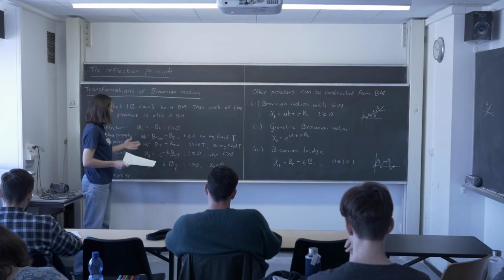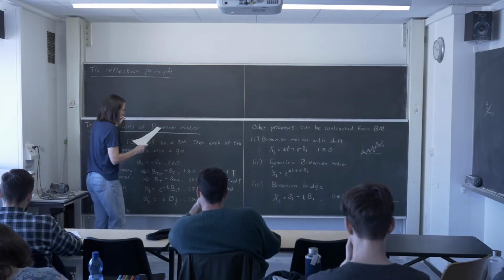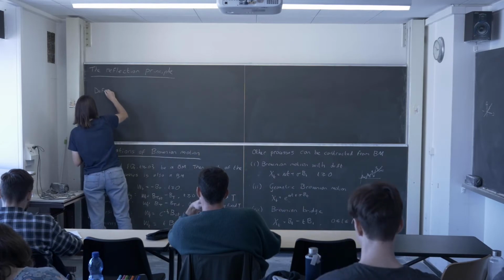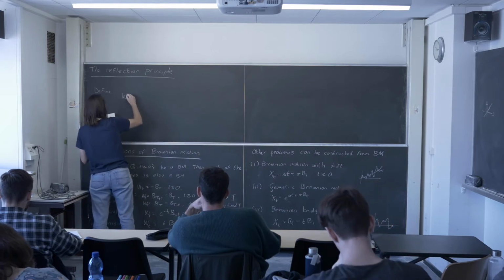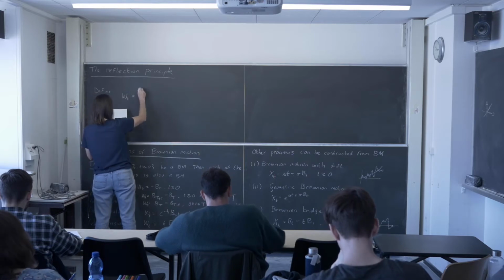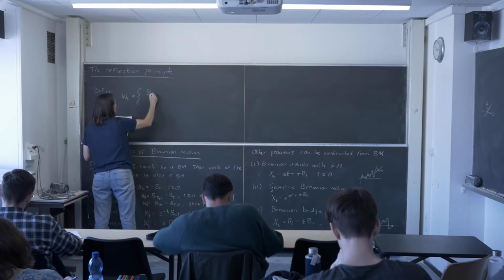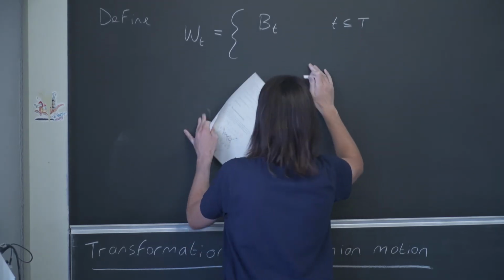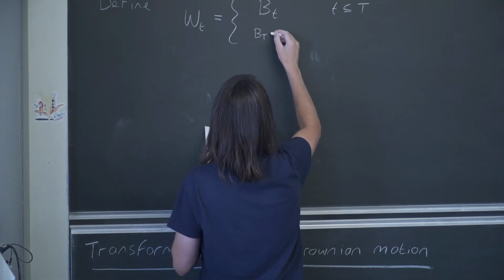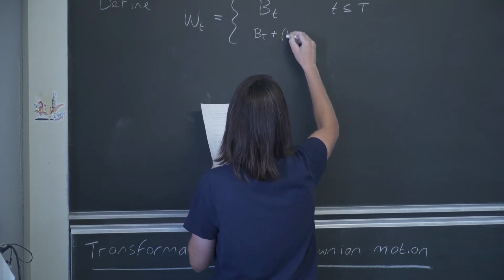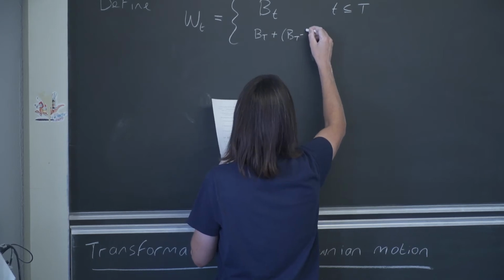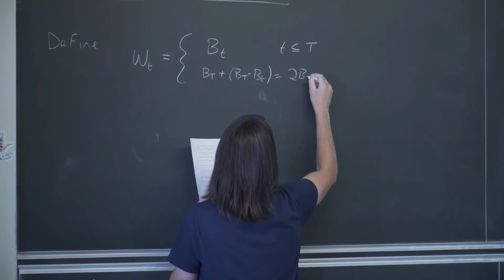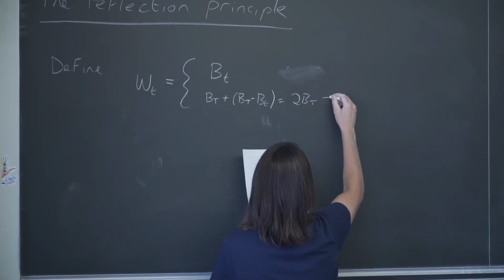And that means that if I define a new process here, so let's define Wt to be equal to Bt if we're less than or equal to T, and Bt plus Bt minus BT, which is just equal to 2BT minus Bt.